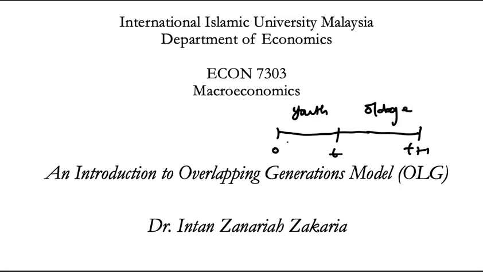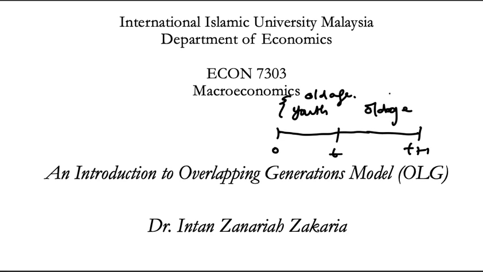But during this period of time, this person during his youth must have his parents who are at old age as well. So we have two different types of generations, young and old, in the same time period between 0 and t. The same goes for the second period between t and t plus 1.